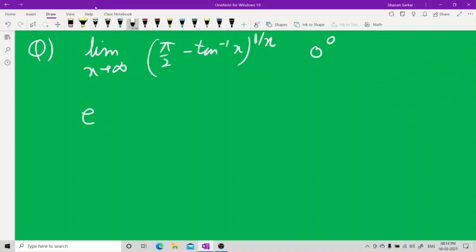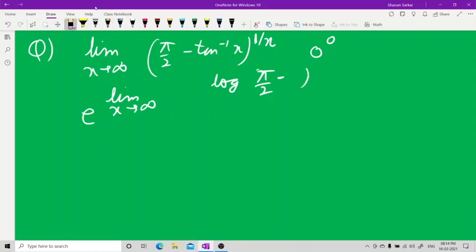So now this is e to the power of limit x tends to infinity of 1 upon x log(pi by 2 minus tan inverse x). You first write this, otherwise I am skipping one step.